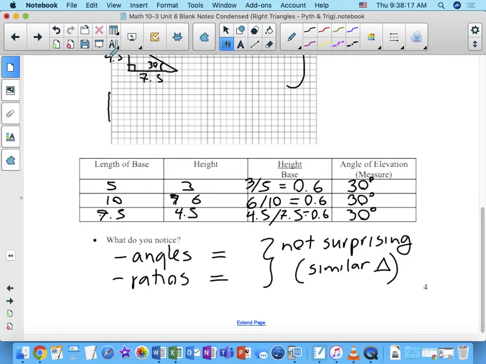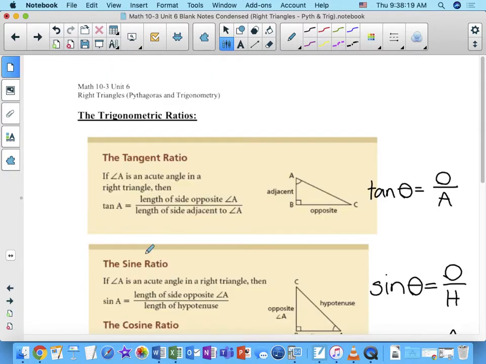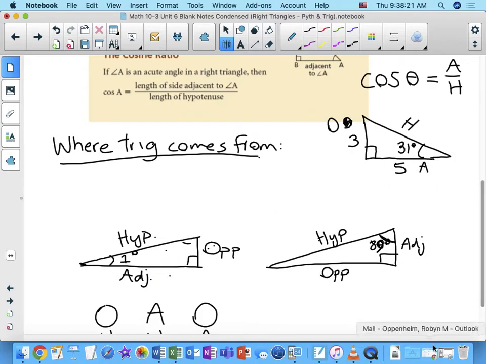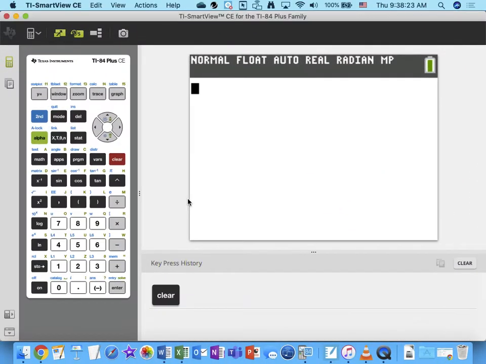Okay? Pull out your calculators. Find your tan button. Mine's right here. And I want you to enter in tan of 31 degrees.